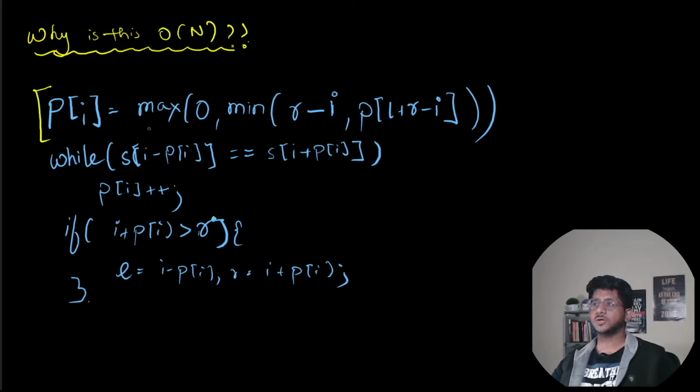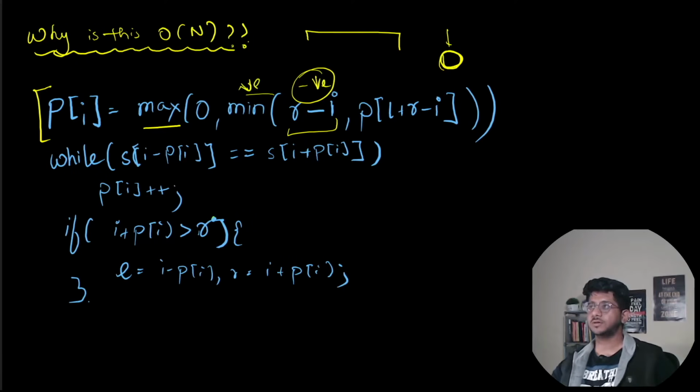P of I is equal to max of, if let's say your bounding box is like this and you are currently solving this position, actually this will not be the case, but if you are solving this position, R minus I will come out to be negative, so this will be a negative number and this will then be max to a 0.